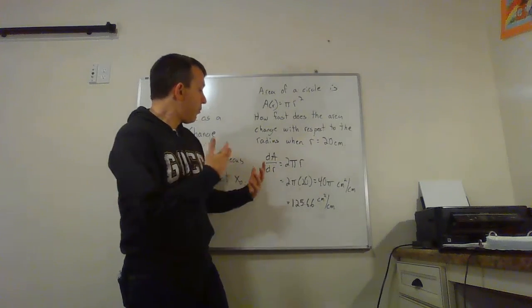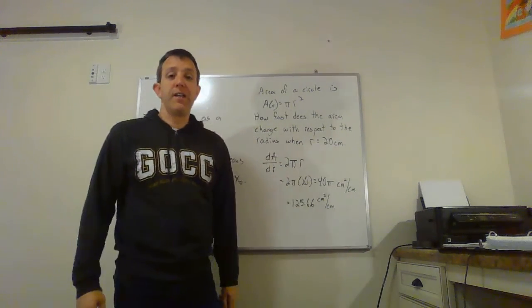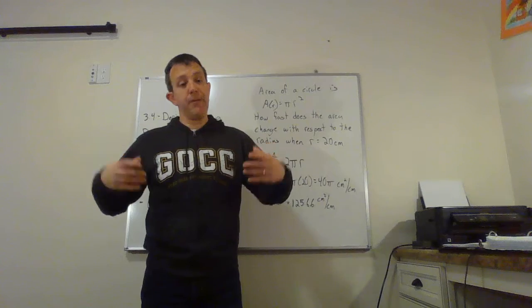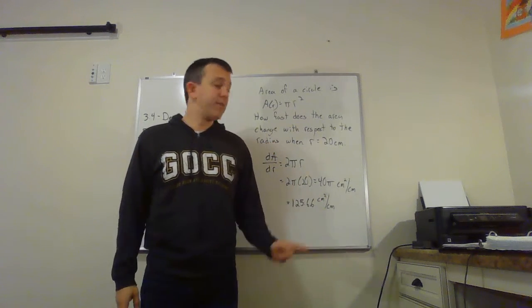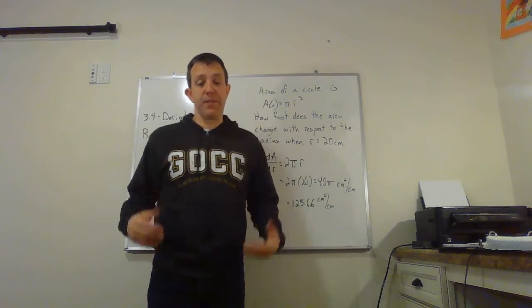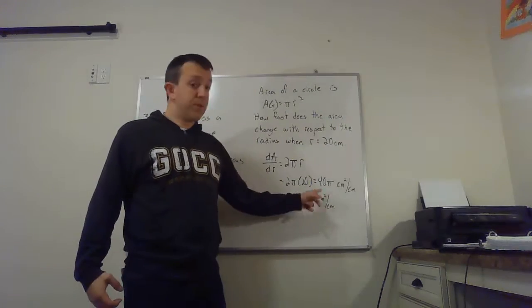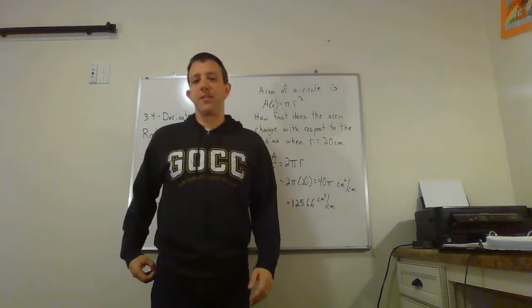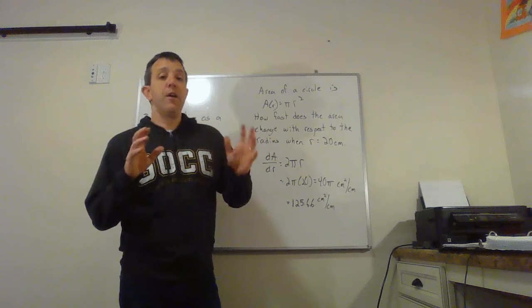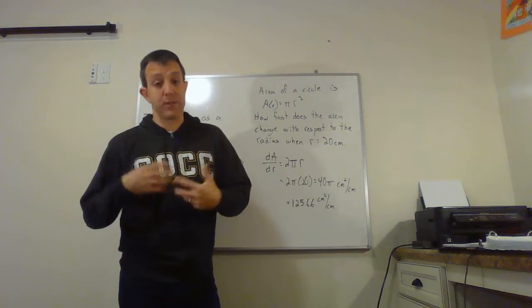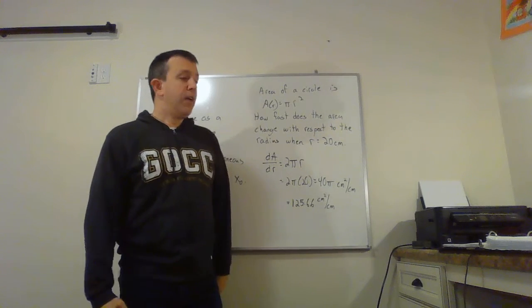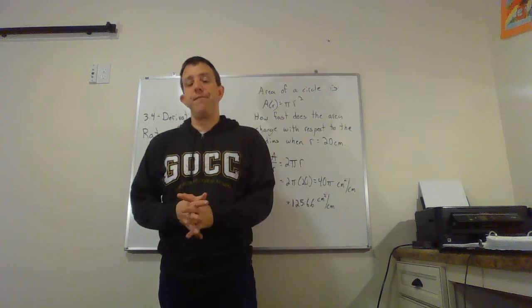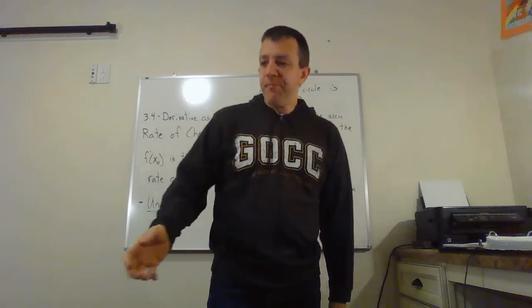It's just this rate of change that we have here, and it's a comparison between the area, which has centimeter squared units, and the radius, which has centimeter units. So we're not going to reduce those units. You would never reduce the units here on this one. The units, the square and the regular centimeters, describe this rate of change for us. So let's go on, and we're going to look at some physics problems here next.